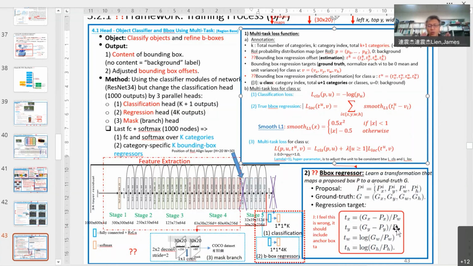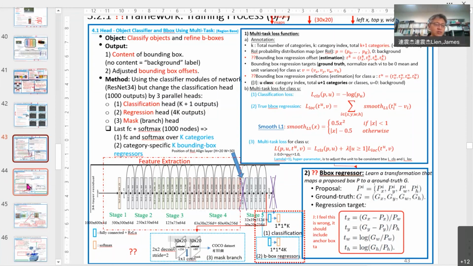So they normalize; after dividing by this one, the ratio will be the same. They normalize to be the same unit. No matter whether it's a bigger or smaller bounding box, they divide by the anchor width and anchor height. That's the normalization process.